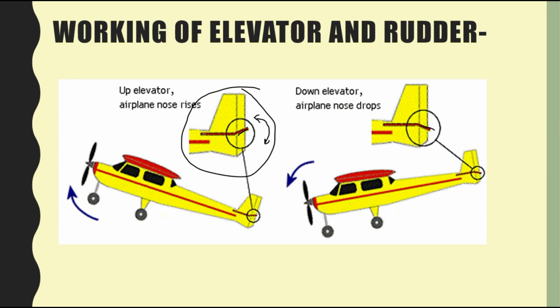So when the elevator is at the up position, the air coming from this side is going to hit it at that point, and due to that impact it is going to generate a moment about the moment arm of the aircraft. If this was the aircraft over here and air was hitting here, the force on the aircraft will be in this direction, totally in the normal direction.